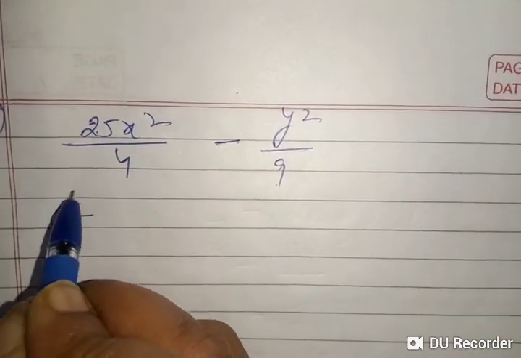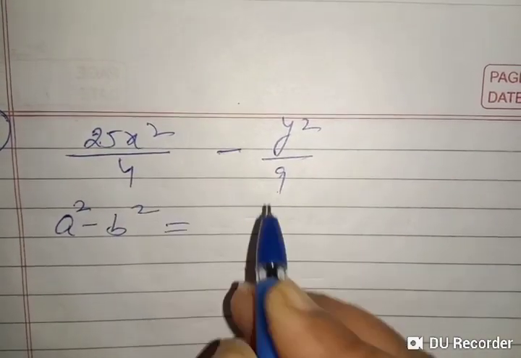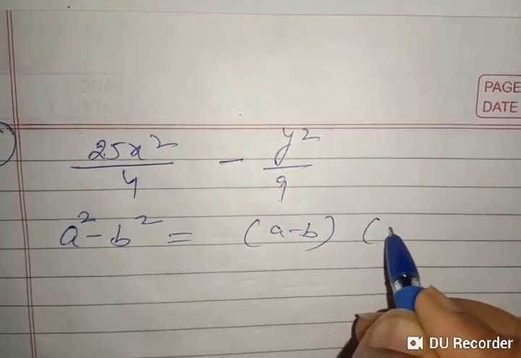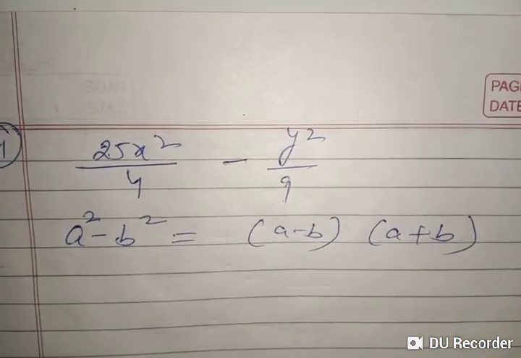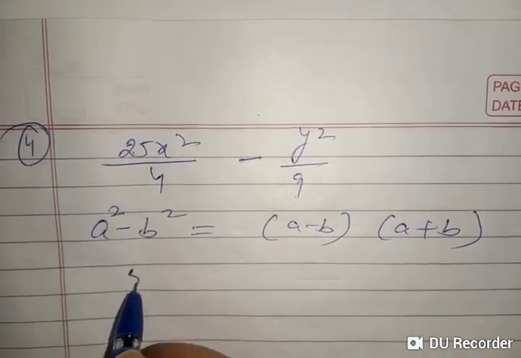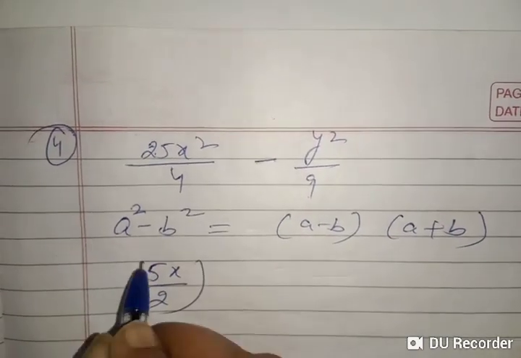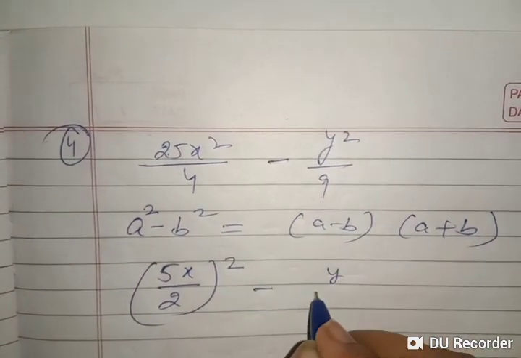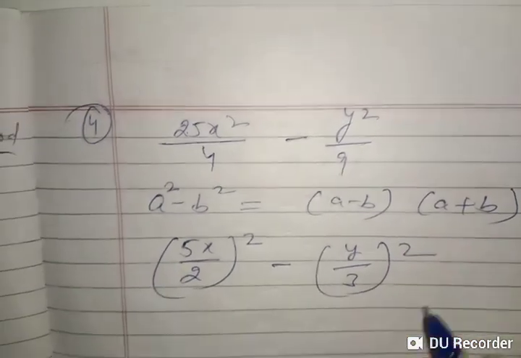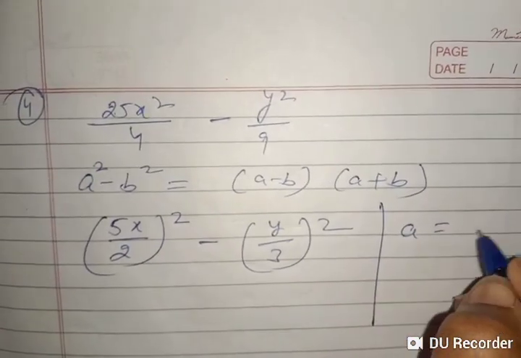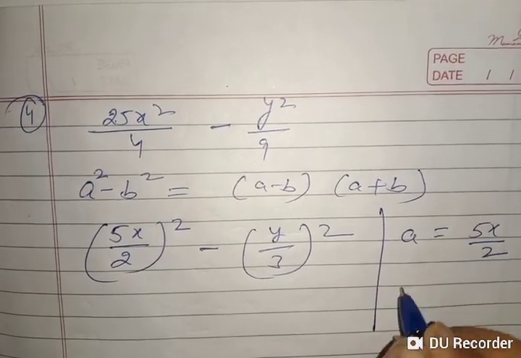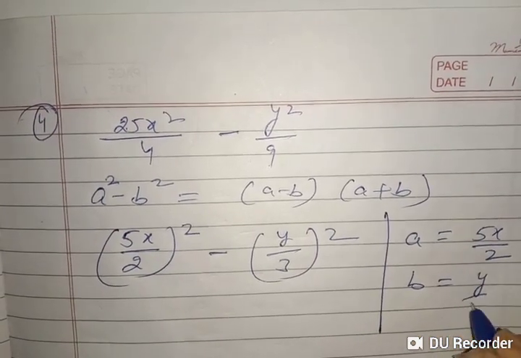This one: a square minus b square gives us a minus b and a plus b. We need to write this as 5x by 2 whole square minus y by 3 whole square, and in rough you can write a is 5x by 2 and b is y by 3.